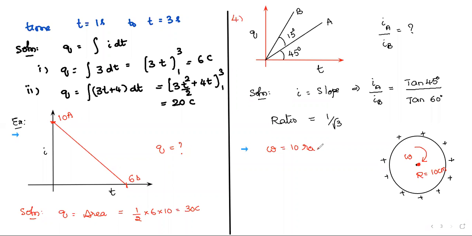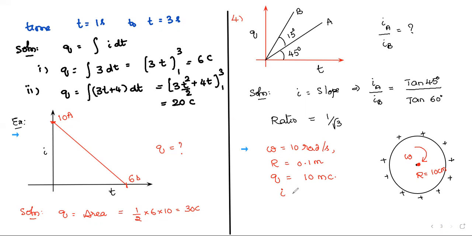Look at the information given: omega is 10 radian per second and the radius is 10 centimeters, meaning 0.1 meter. And the total charge given to the conductor, Q, is 10 millicoulomb.